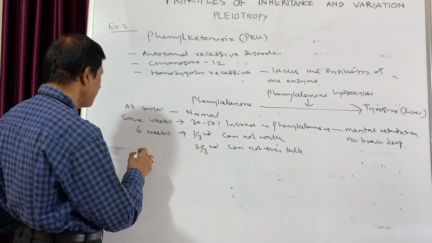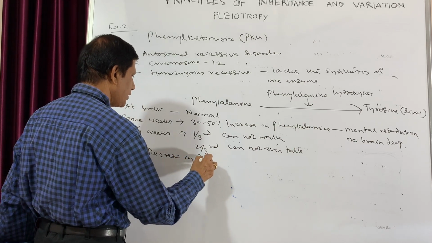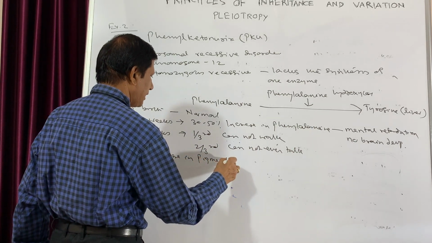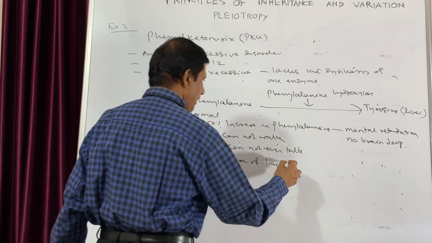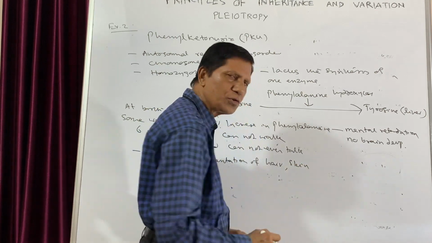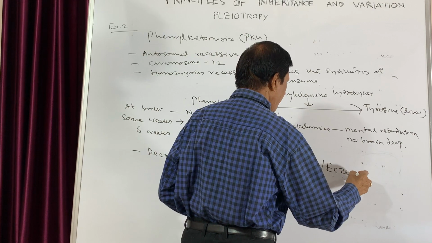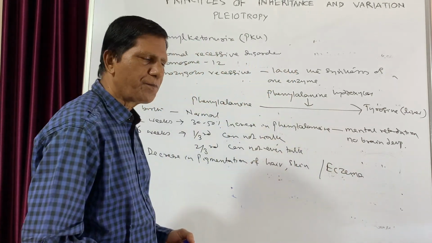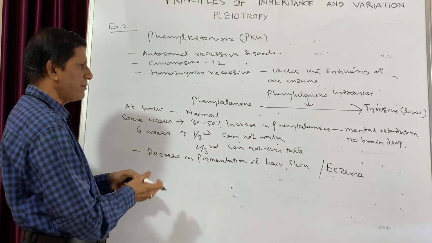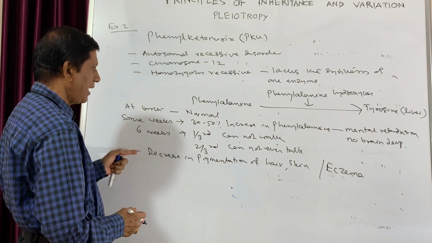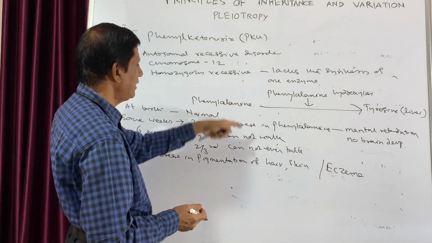And besides this, there is a decrease in pigmentation of hair, skin, and also most of the time there is eczema. These are some of the characteristics of this disease. So these are the different symptoms of this disease, and usually when it is present in a recessive condition, these things happen.